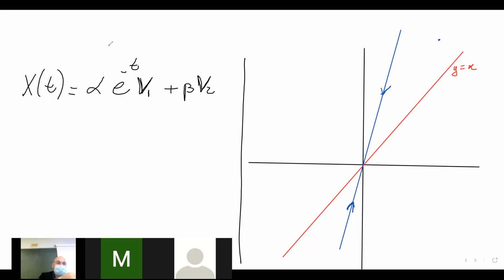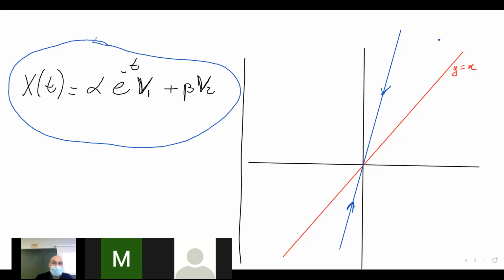From this expression, at time t equals 0, this point has coordinates alpha, beta, and as t goes to infinity, this term is going to 0. So at the end, the coordinate for t equals infinity is beta times v2.